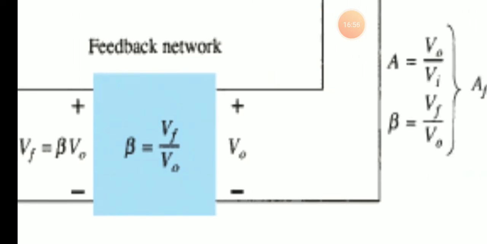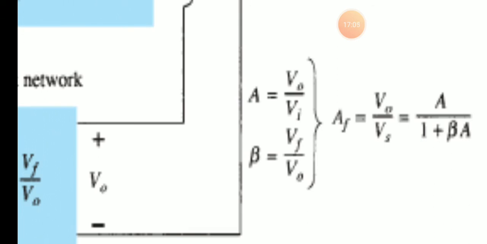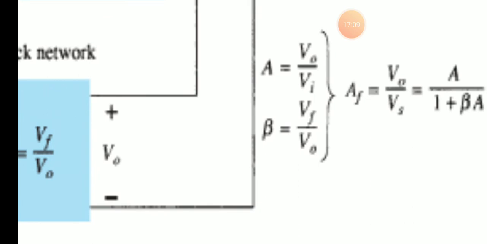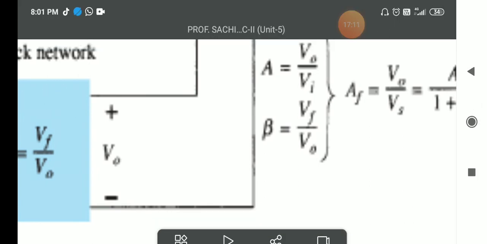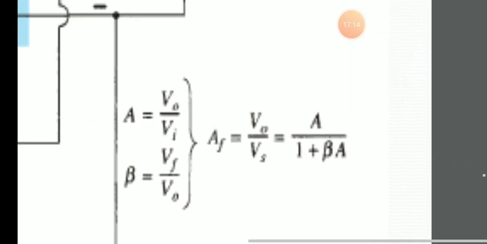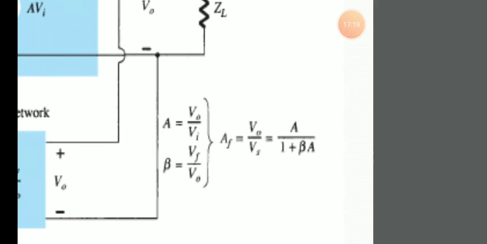Beta is, as usual, the feedback voltage by the output voltage. Then the gain of the amplifier we can calculate as output voltage by input voltage. Beta is also the gain of the feedback element, calculated as feedback voltage by output voltage. So in general Af, that is V0 by Vs, is A by (1 plus beta A).